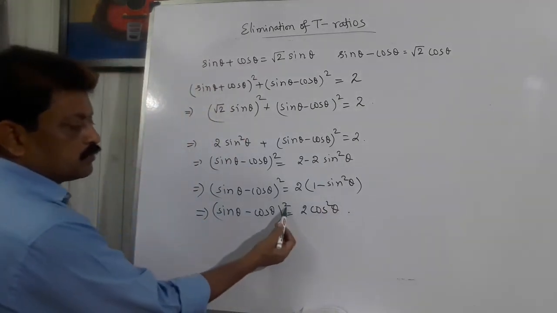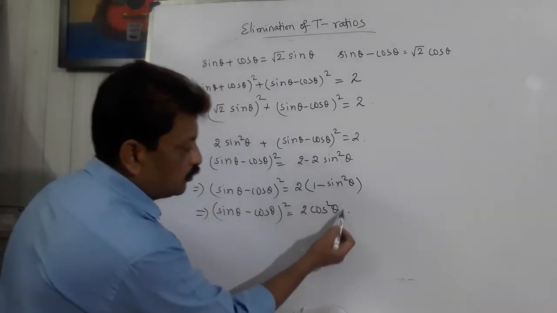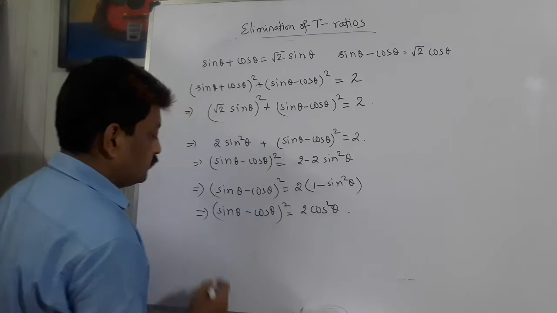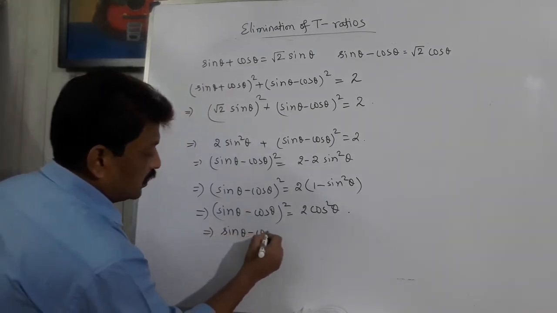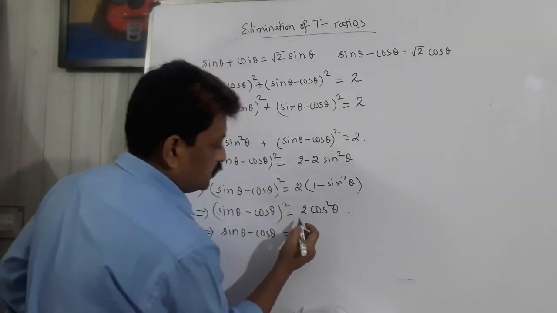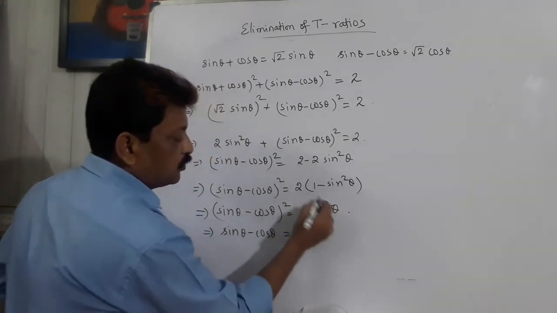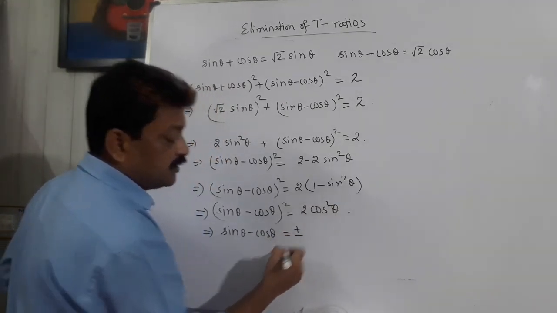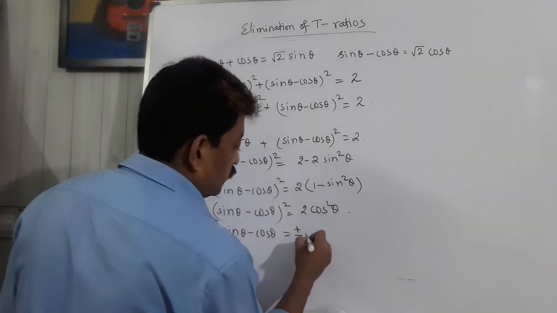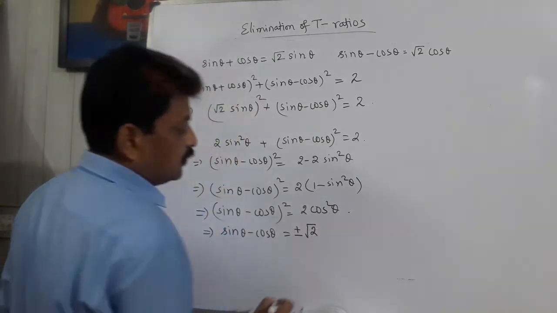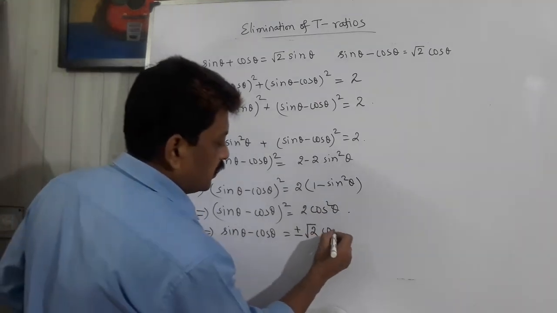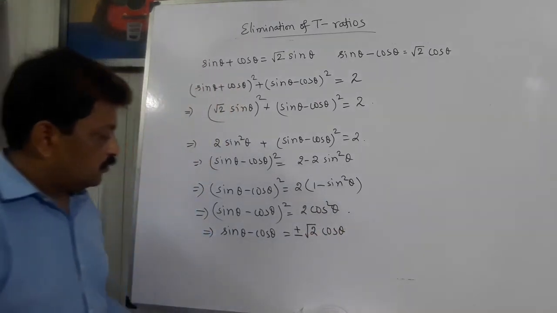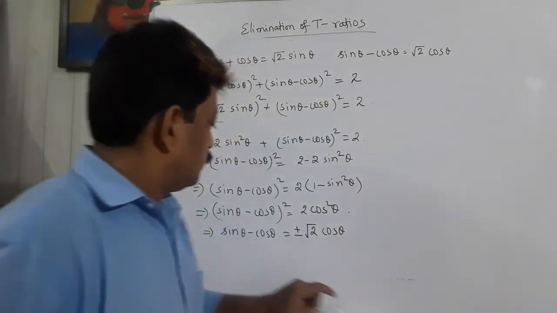Now I have to remove the square, so we have to find the root of the right hand side. Therefore we can say sin theta minus cos theta equals, first I have to put plus minus sign, then root 2 and cos square theta, it will come out of the root, so it will remain as cos theta. So that is the thing we have to prove.